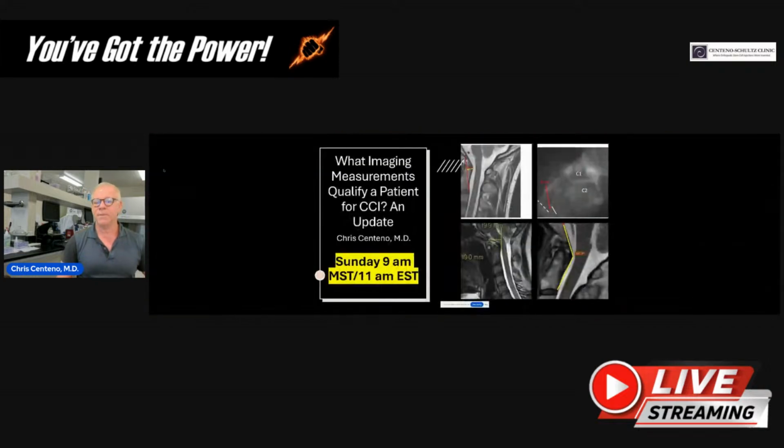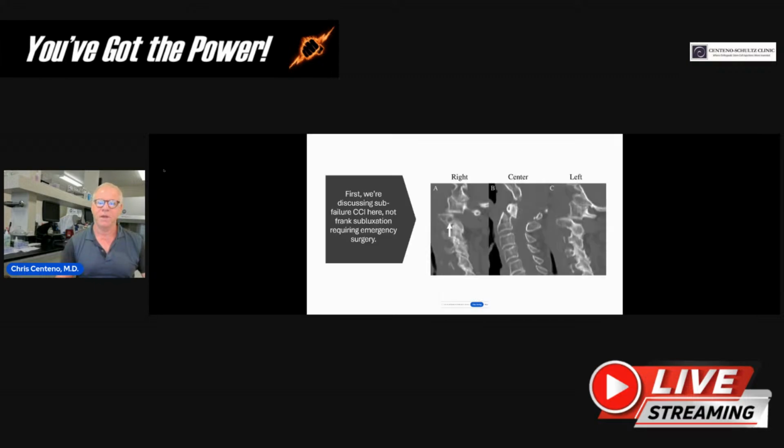Okay, so what imaging measurements qualify a patient for CCI? And this is an update because I've talked about this a few different times before, but haven't really talked about it as one topic for probably about 2 years or so. So first, we're discussing subfailure craniocervical instability here, not frank subluxation or dislocation that requires emergency surgery.